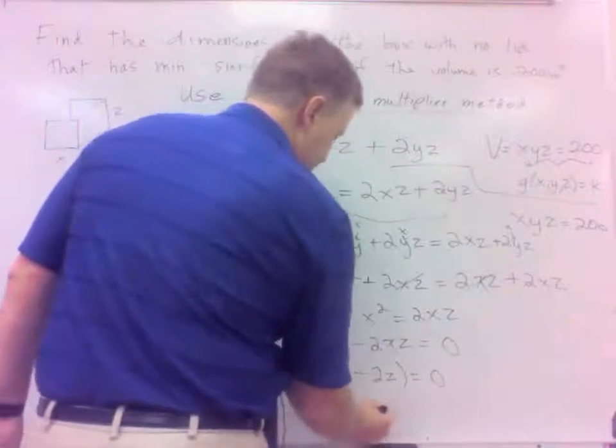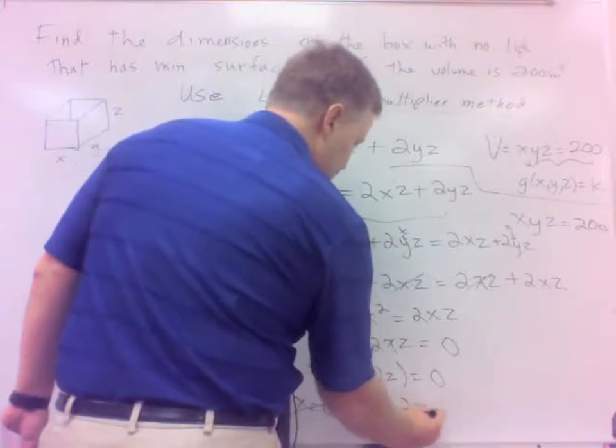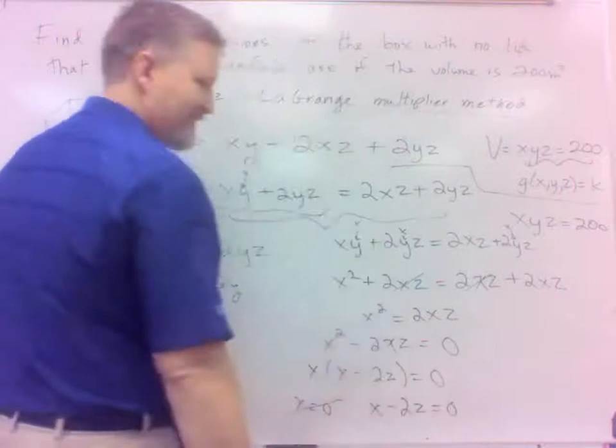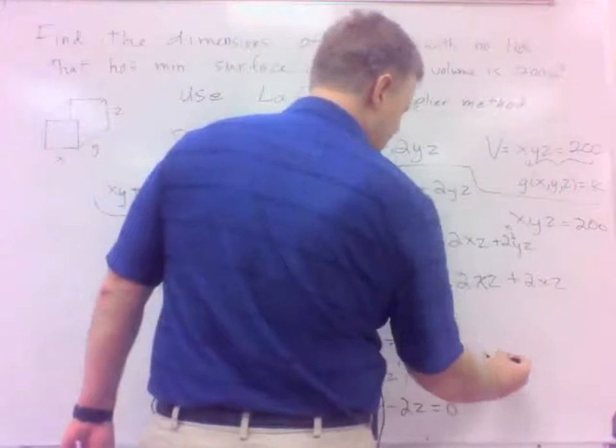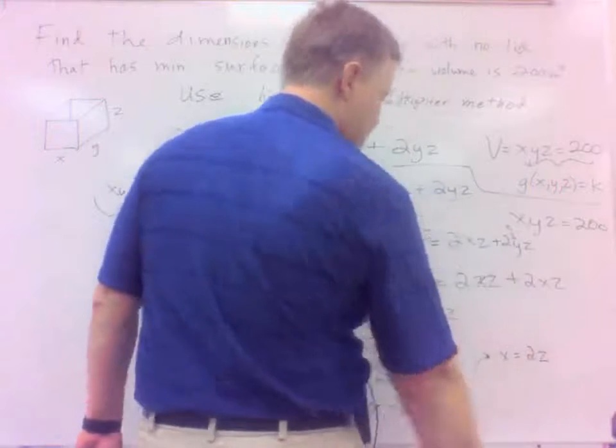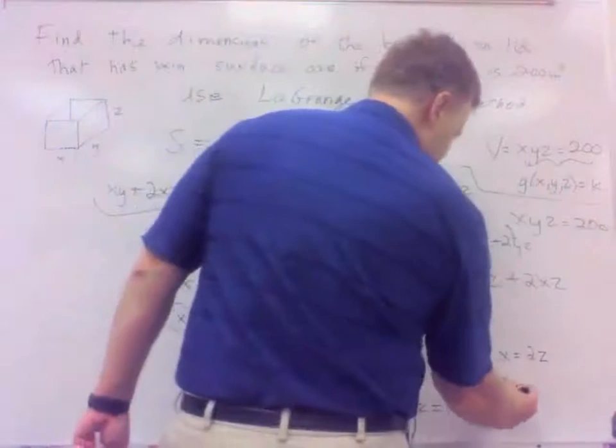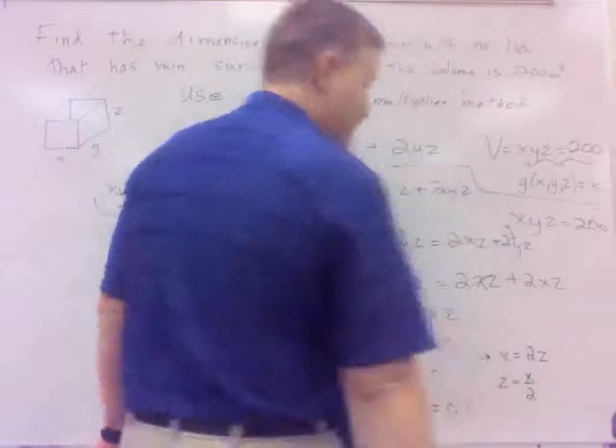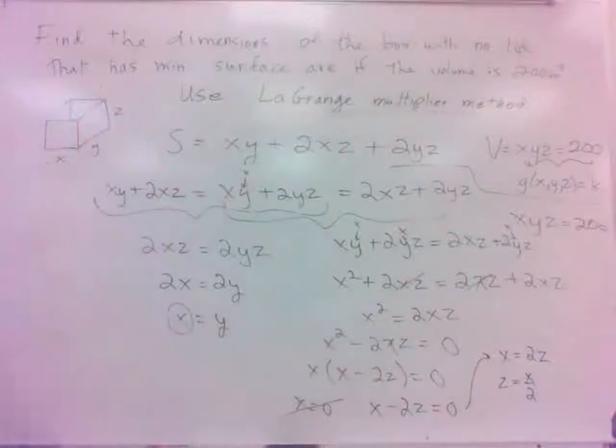That won't work. So x minus 2z equals 0. What does that tell me? x equals 2z, so z equals x over 2. We knew that was also our minimum value, half of x. But that still doesn't give us the number for x.